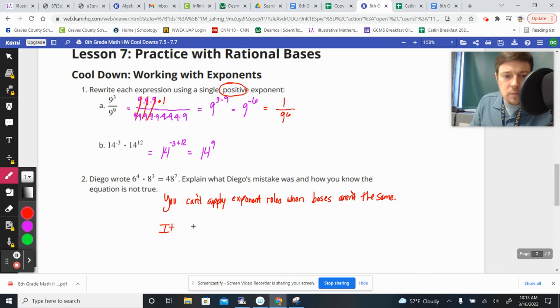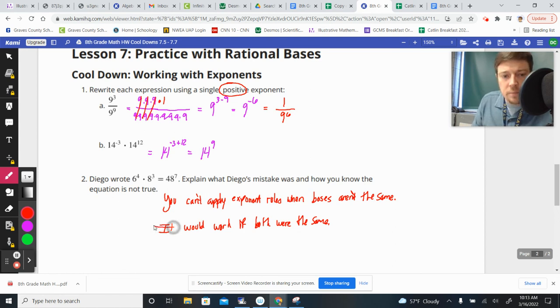It would work if both were the same. If we had 8 to the fourth and 8 to the third, actually, you know what? They wouldn't even work if they were both the same because he made the mistake here of multiplying 6 and 8. You can't apply the exponent rules when the bases aren't the same.